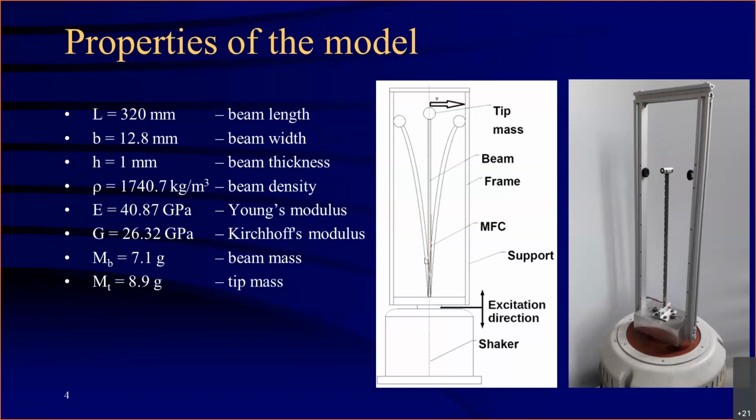For the parametric resonance conditions, the excitation frequency was fixed close to twice the natural frequency of this beam. The natural frequency of this beam was approximately 3.2 Hertz. So we excited this model at twice this value to reach the parametric excitation in resonance.